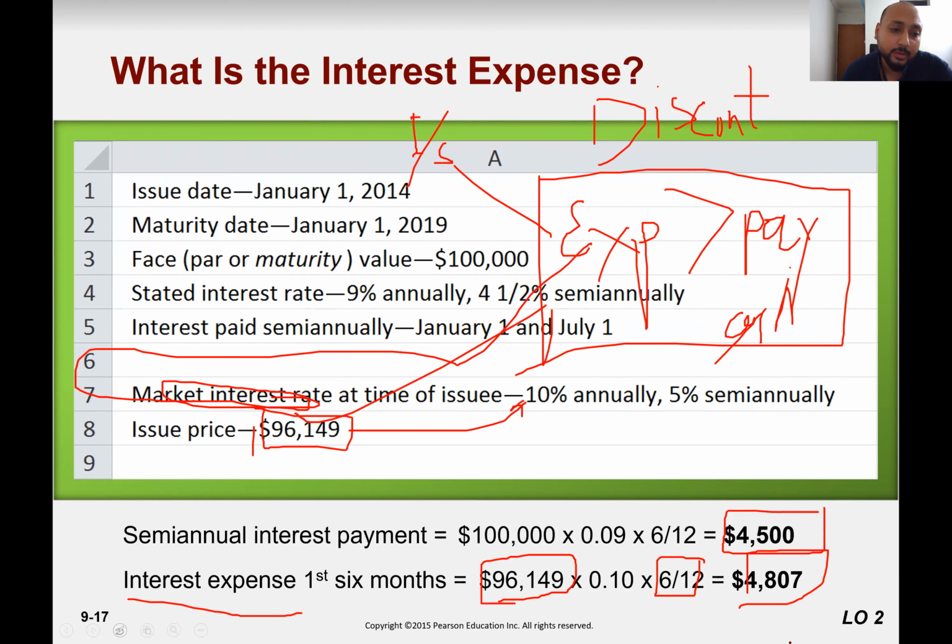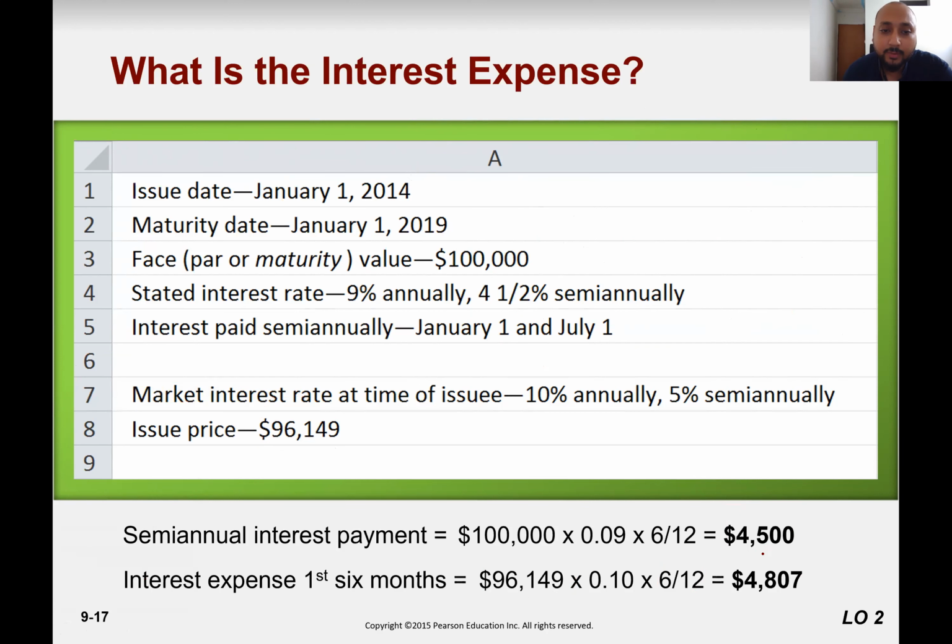Let me clear this math. So everyone understand this kind of stuff? Whenever it is issued at a discount, interest expense is greater than interest payment. Understand?